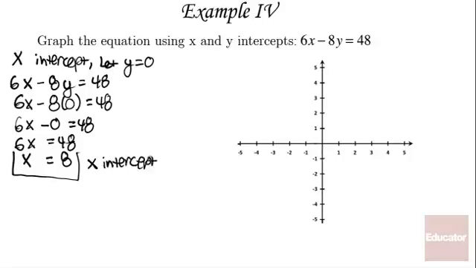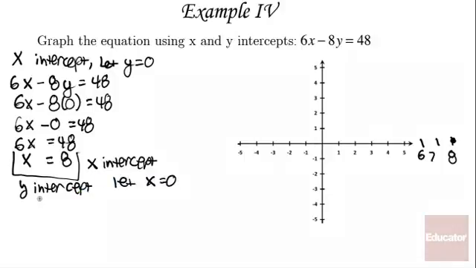Now, the coordinate pair for that is going to be that x equals 8 and y equals 0. So at this point, x equals 8 and y equals 0. That's the x-intercept. Next, I'm going to find the y-intercept by letting x equal 0.